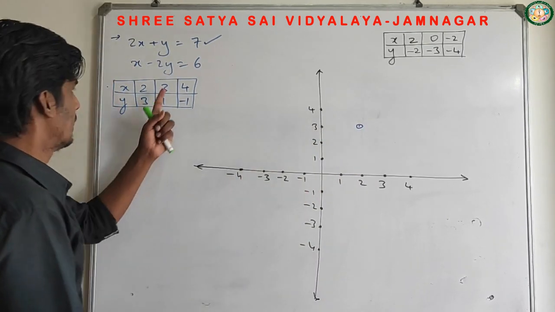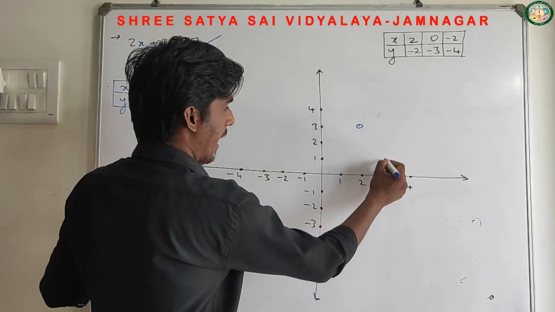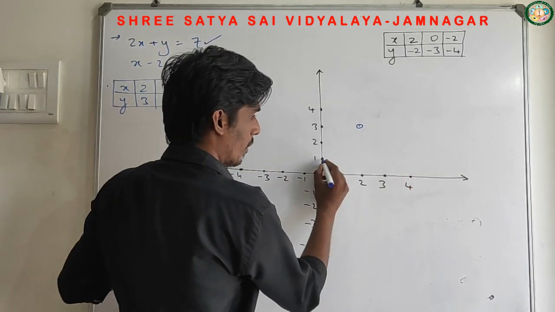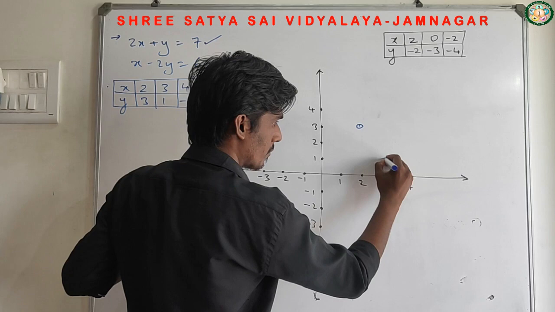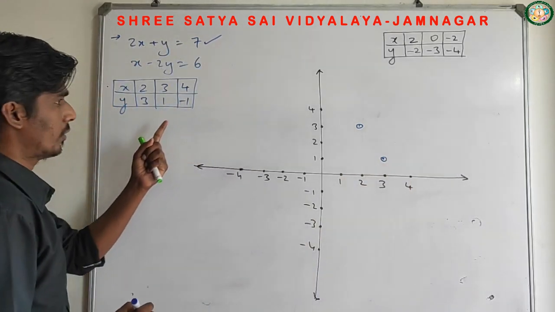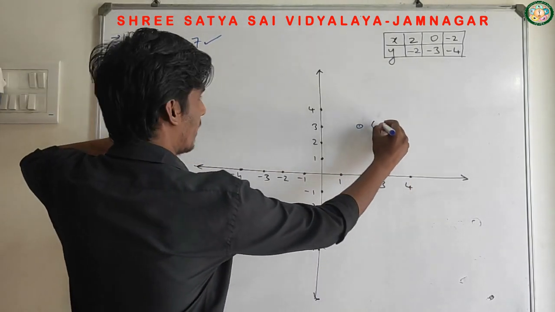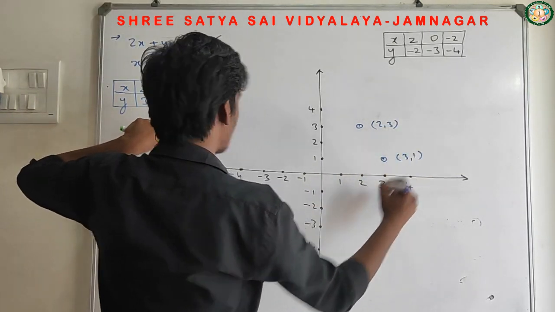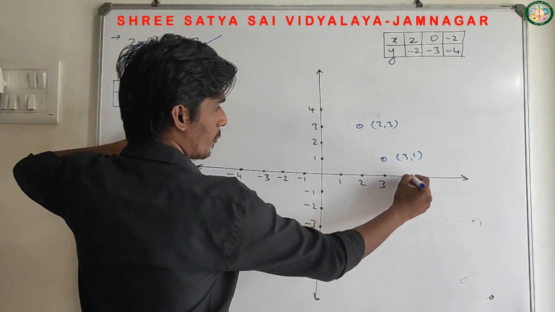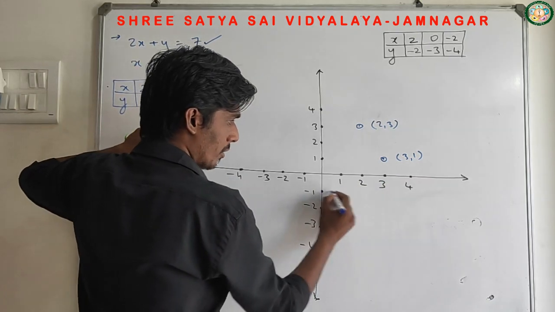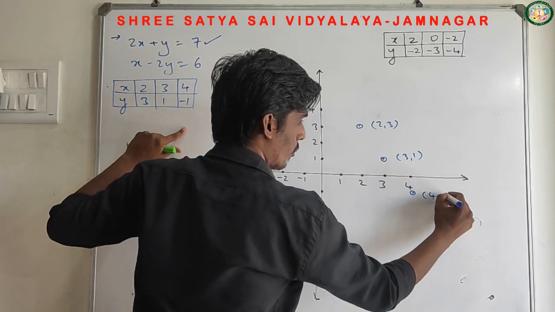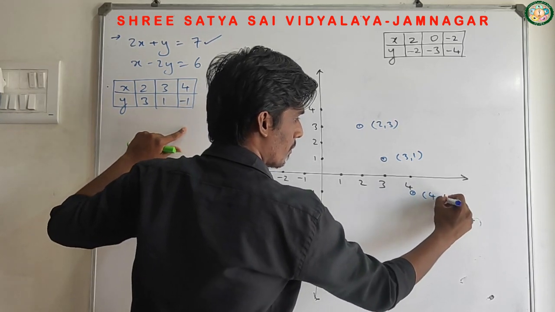Then 3 and 1: 3 on the x-axis, 1 on the y-axis, somewhat here. Last one, 4 and minus 1. This is 4 and this is minus 1 on the y-axis.